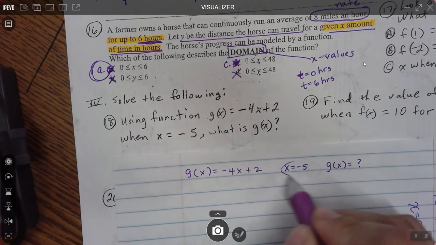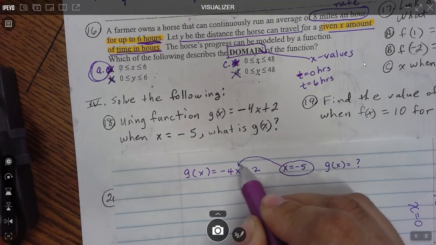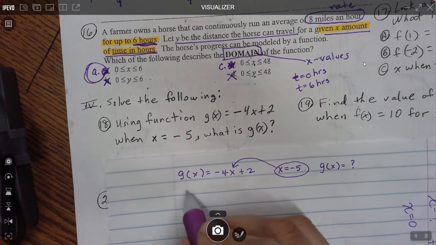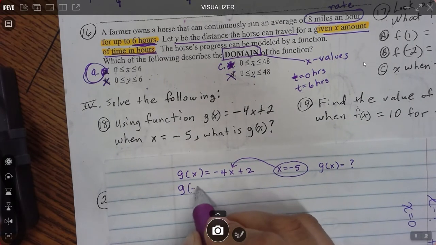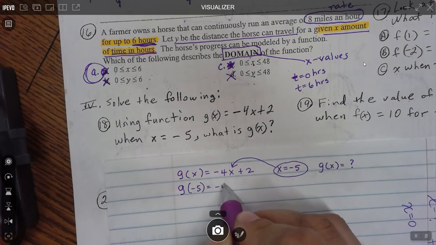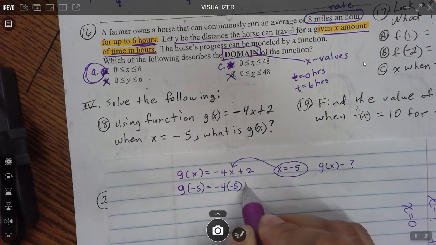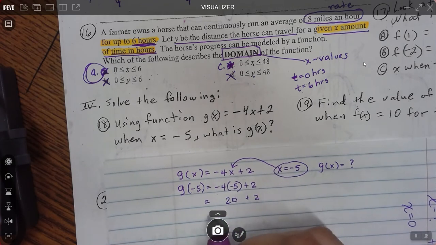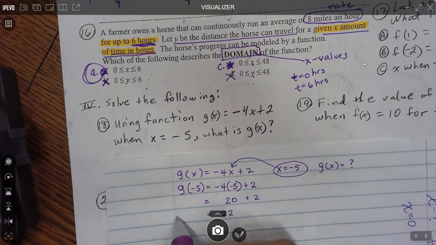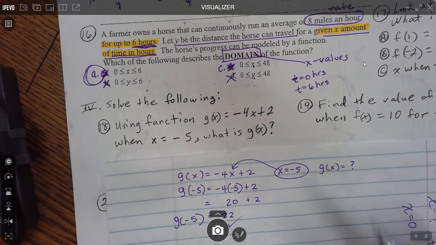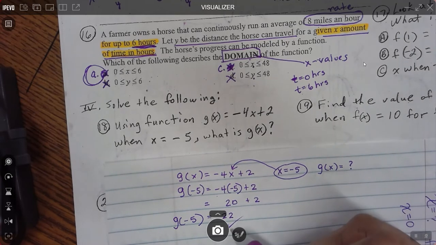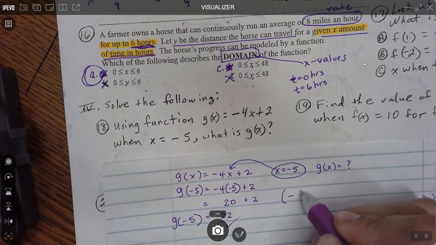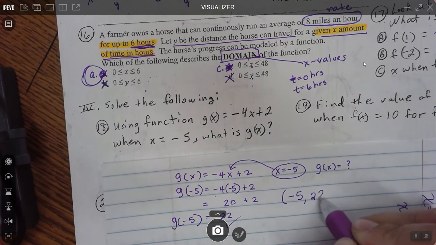Since we know x, we're going to plug x into the function. So g of -5 is going to be equal to -4 times -5 plus 2. -4 times -5 is 20, and 20 plus 2 is 22. There you go. So when x equals -5, g of x is 22. So this is the ordered pair -5, comma 22.